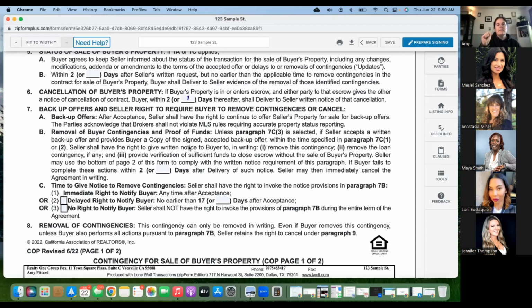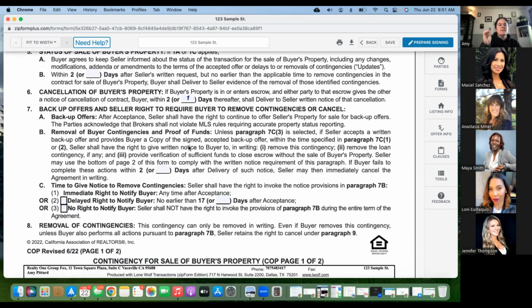Seller may use the bottom of page 2 of this form to comply with the written notice requirement of this paragraph. If buyer fails to complete these actions within 2 days after delivery of such notice, seller may then immediately cancel the agreement in writing. So the contingency removal, and we'll talk about the timeframes in a second, but not only can we give notice for them to remove this contingency, they also would need to provide proof that they can close on this transaction without having to sell their property.